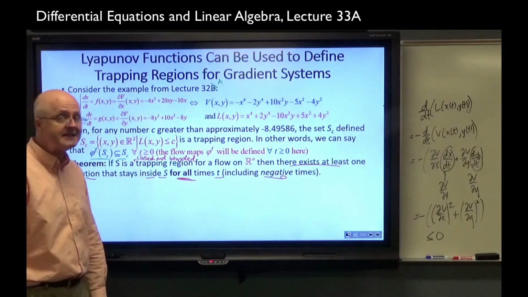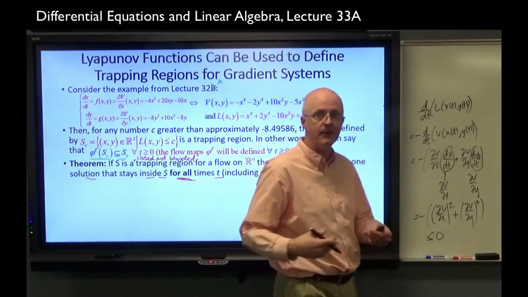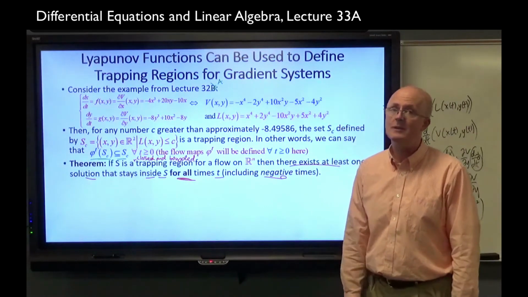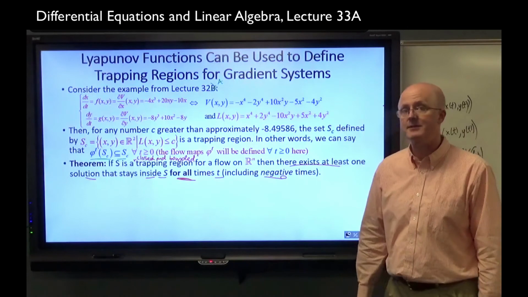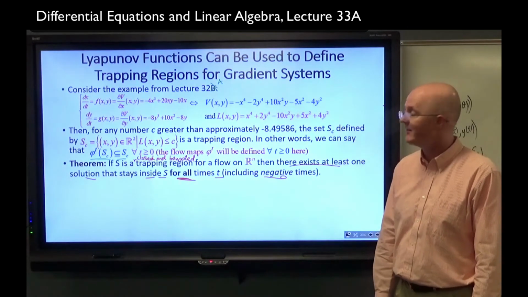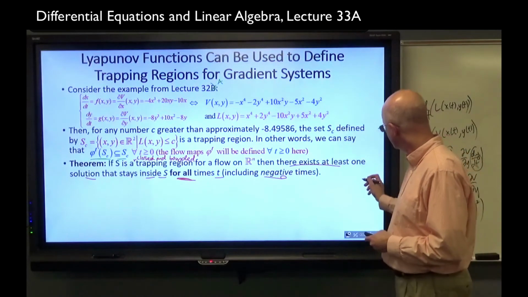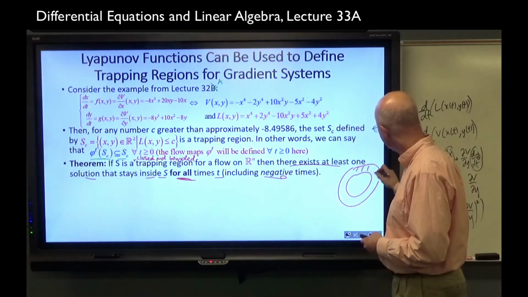The Poincaré-Bendixson theorem, I didn't put in the slide, but I'll remind you, said that if you've got a trapping region in the plane, n had to be 2, that contains no equilibrium points, it's got to have a periodic solution. That's a pretty significant thing. Although in such situations, the trapping region itself would have to be ring-shaped, typically.